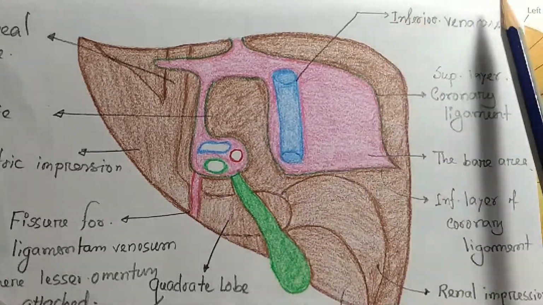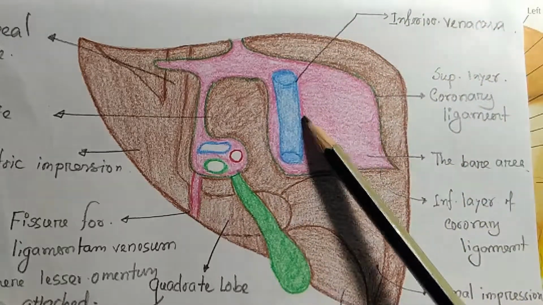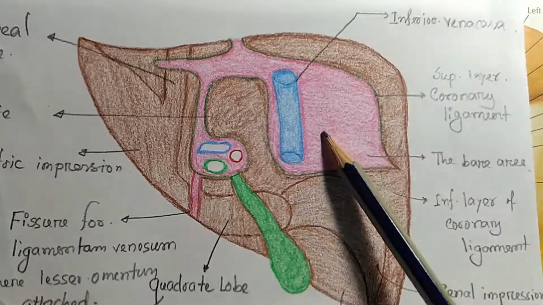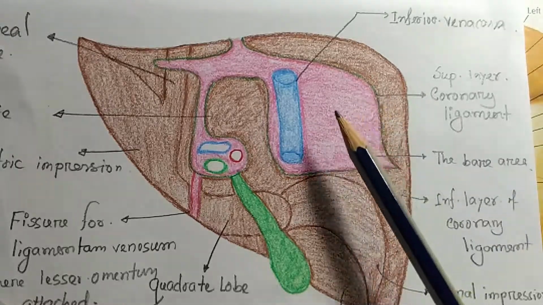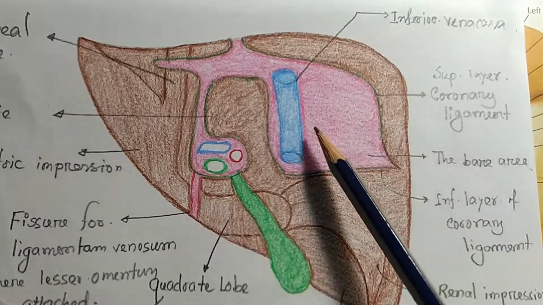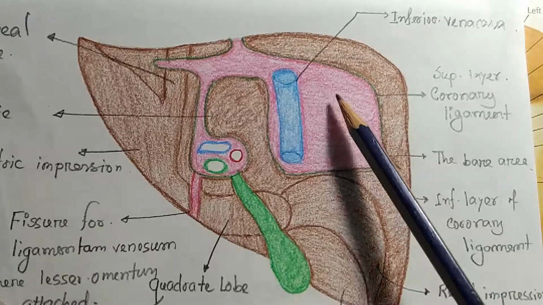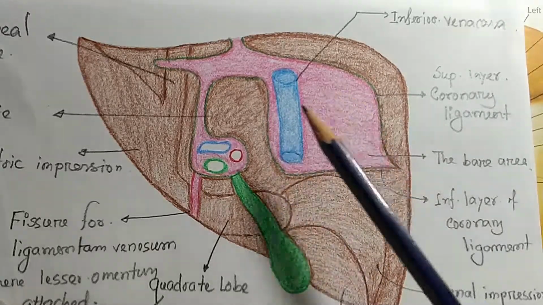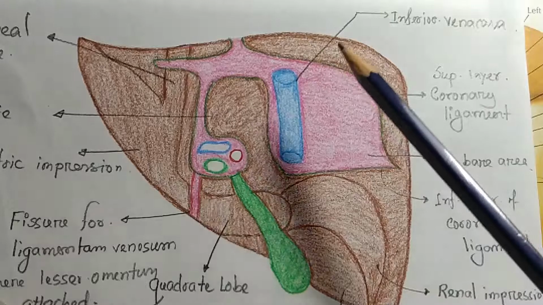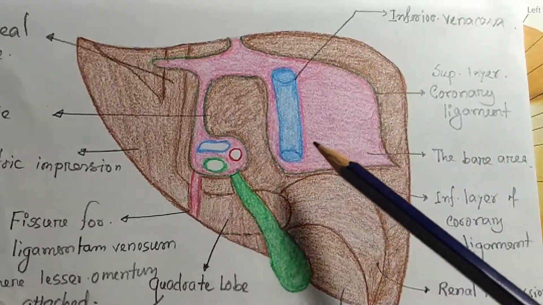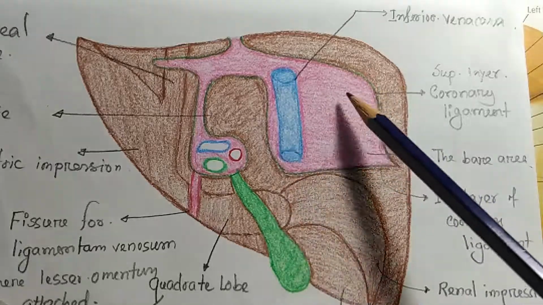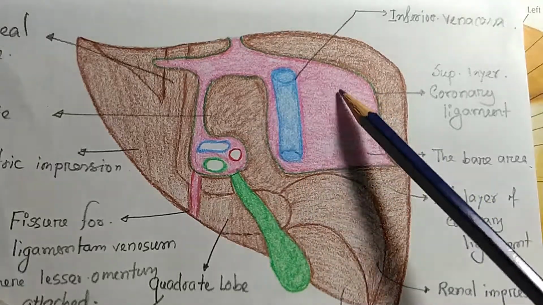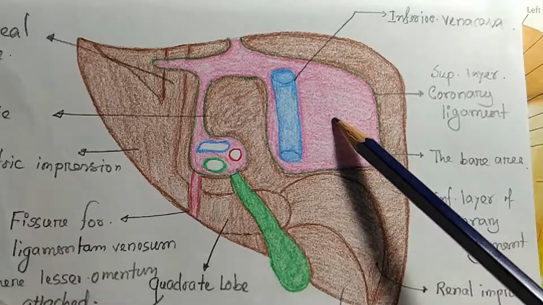The inferior phrenic artery is the prime supplier to the diaphragm, and here accessory capillaries from the portal system are also connected with systemic arterial vessels like the inferior phrenic vessels. These are anastomosed with each other. That's why it is a portosystemic anastomosis area.